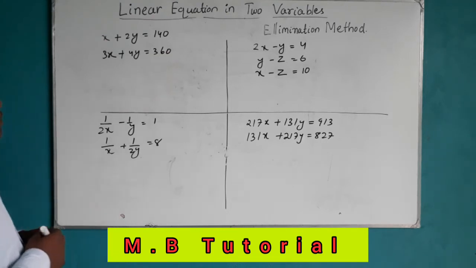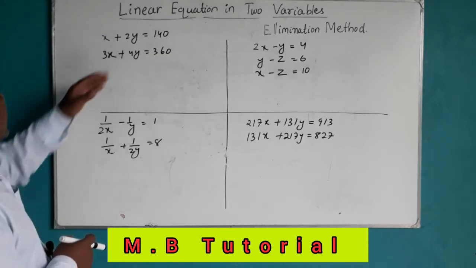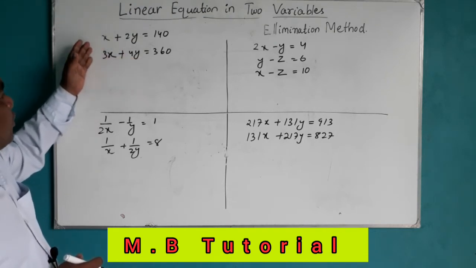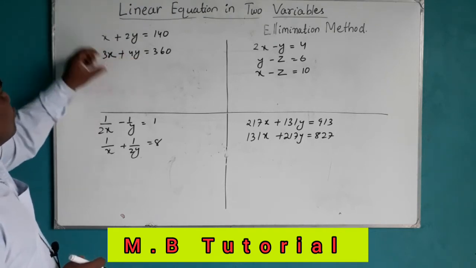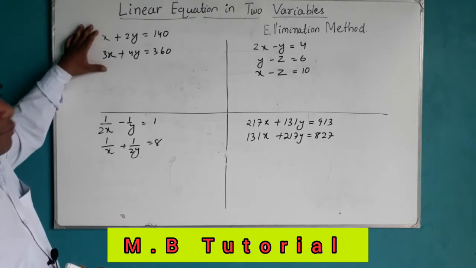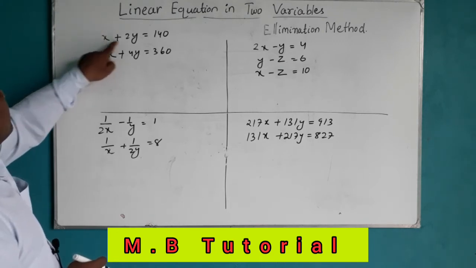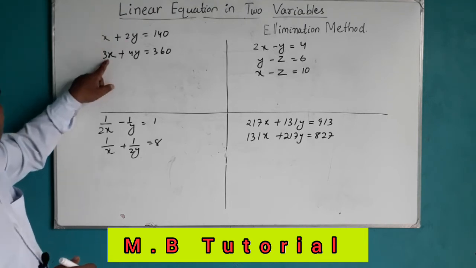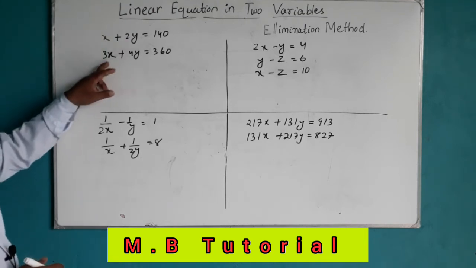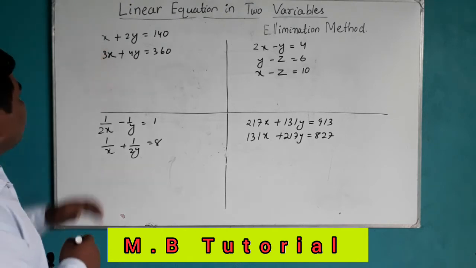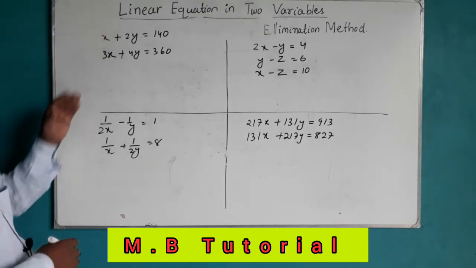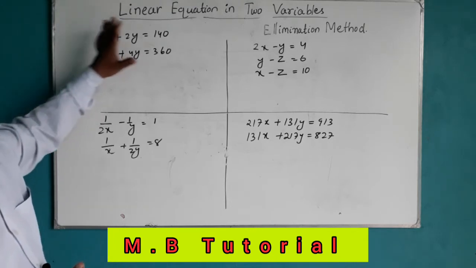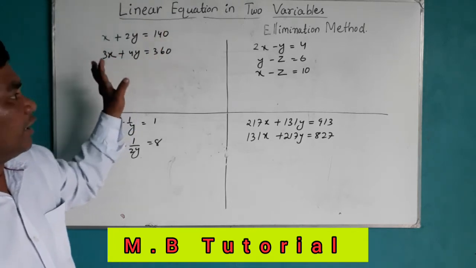How to solve it easily? You can eliminate either the y term or the x term, but it is easy to eliminate the x term, because in the first equation the coefficient of x is 1 and in the second equation the coefficient of x is 3. So multiplying equation 1 by 3, you can easily eliminate the x term and you get the answer very quickly.